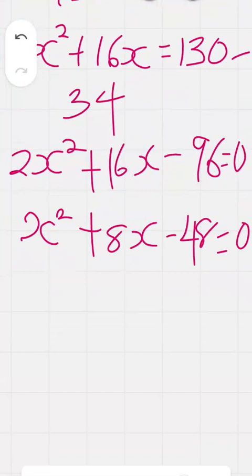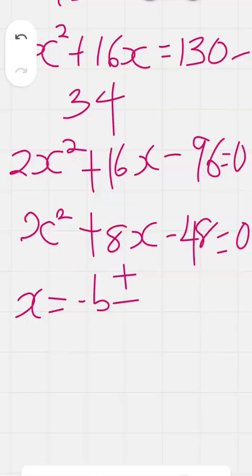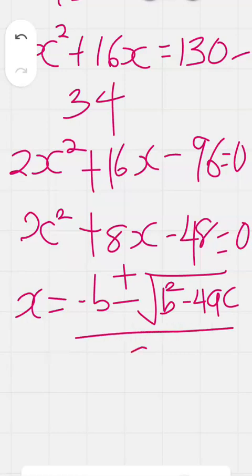So let me write the quadratic formula: x is equal to negative b plus or minus the square root of b squared minus 4ac, all over 2a.